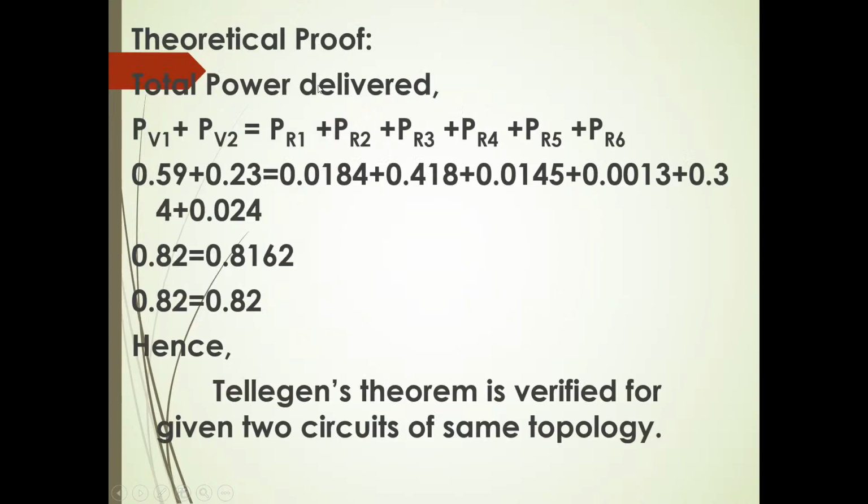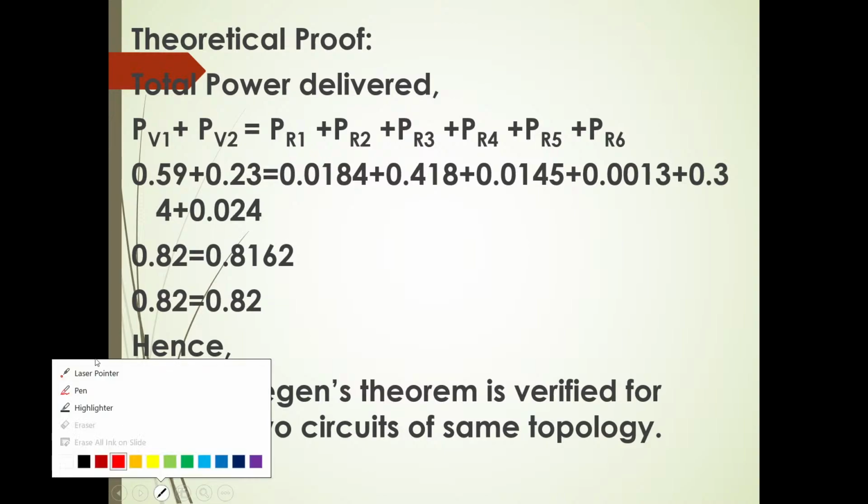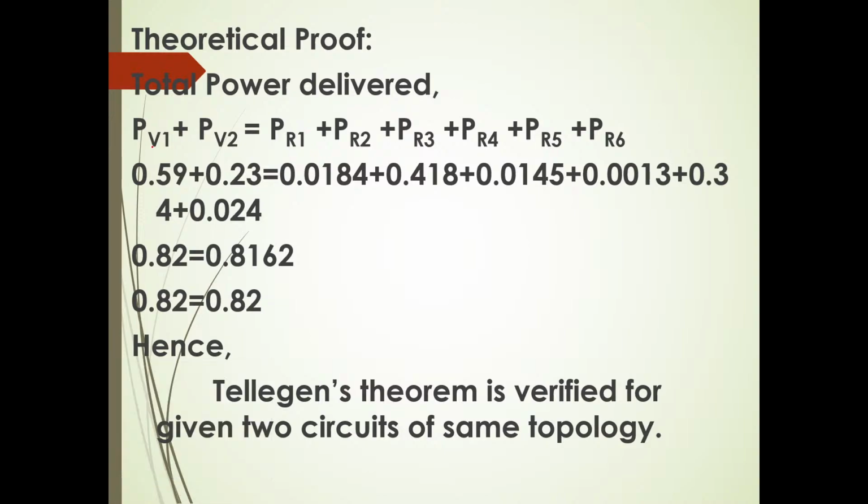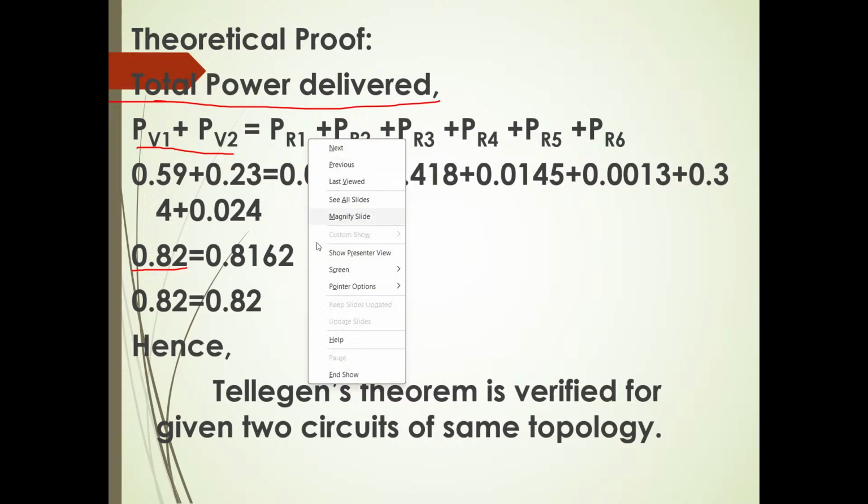So if you want to write the theoretical proof for these calculations, total power delivered is 0.82 and total power absorbed is 0.82. So total power delivered must be equal to the total power absorbed.